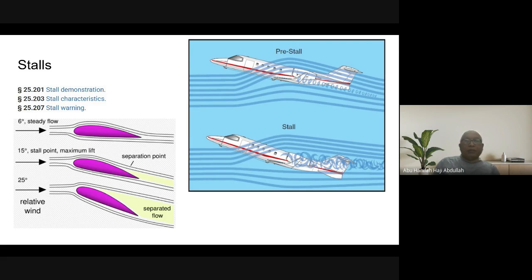We need to prevent the separation of flow. Some also design suction: there are many holes on the wing surface sucking air in, so the flow will always attach.